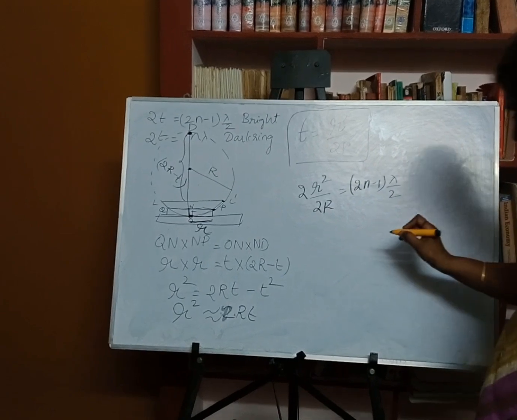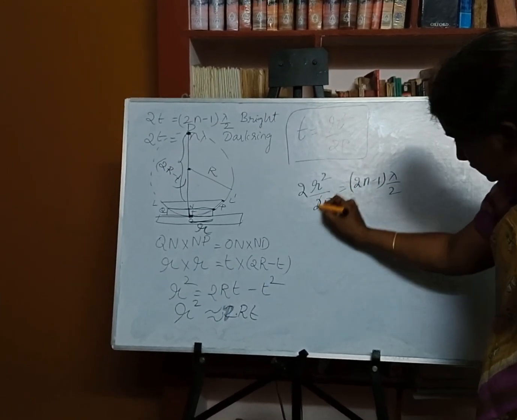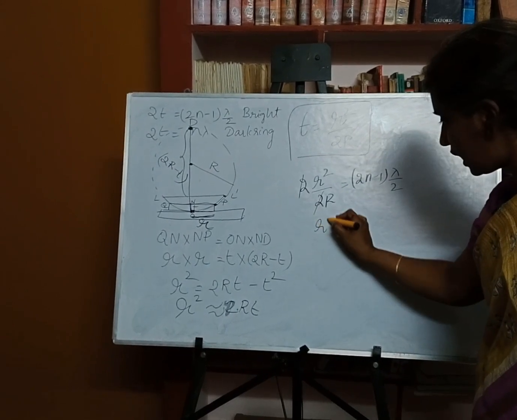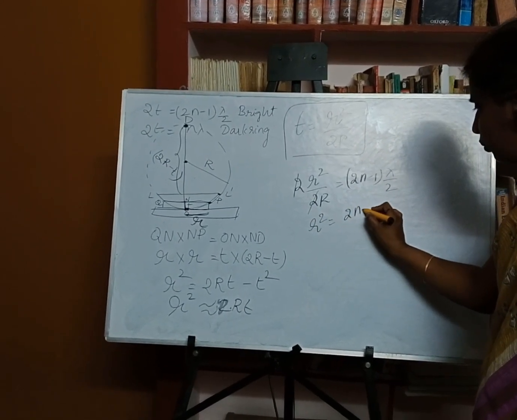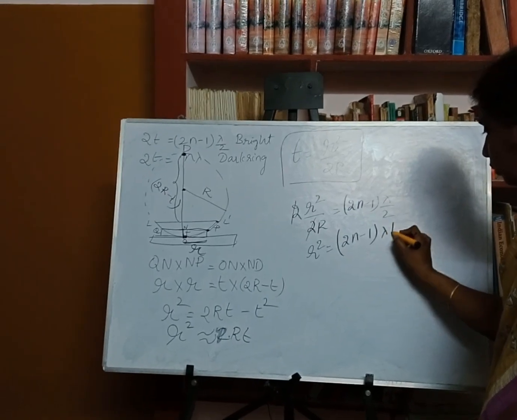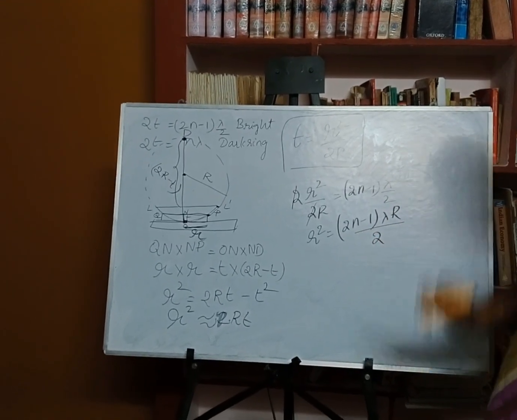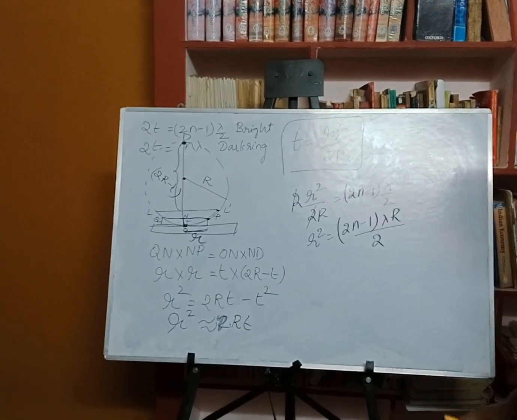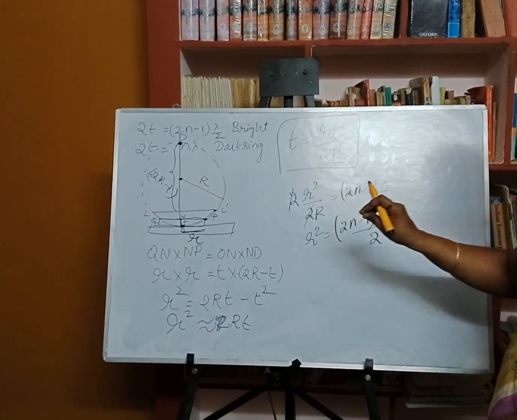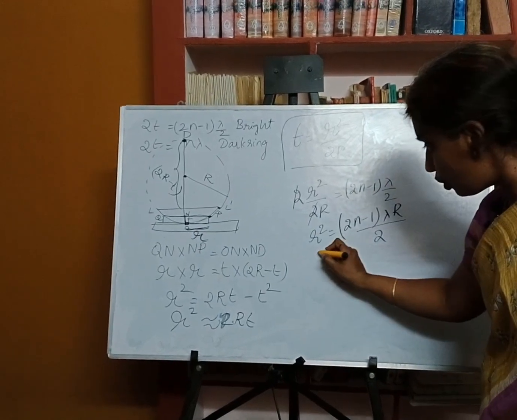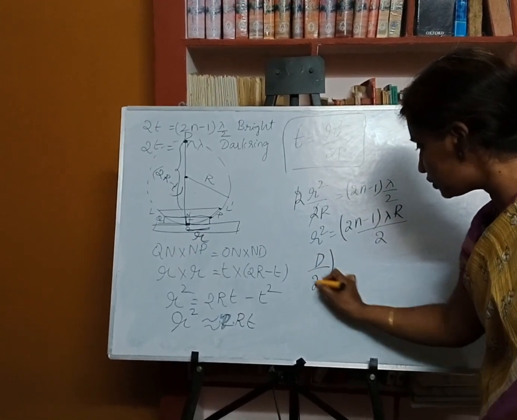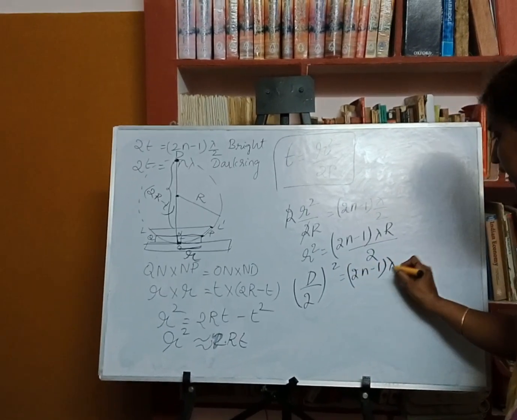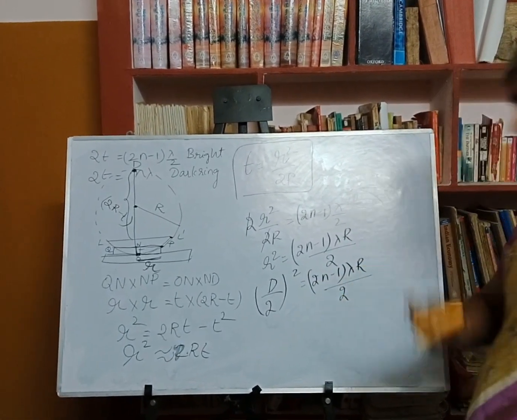Okay. So you try to cancel what are the terms that you can cancel. 2 gets cancelled. You transpose this R to this side. You get r square equal to 2n minus 1 into lambda R by 2. Replace this r with diameter. So what is diameter? Diameter by 2 is radius, right? So D by 2 whole square is equal to 2n minus 1 into lambda R by 2.